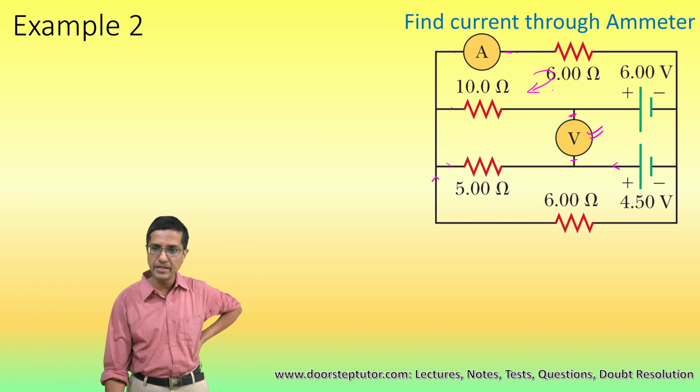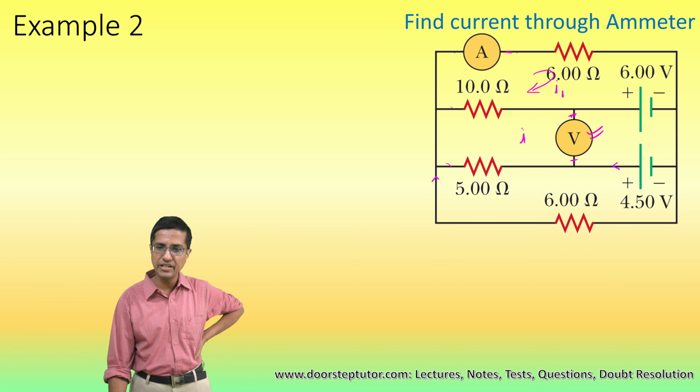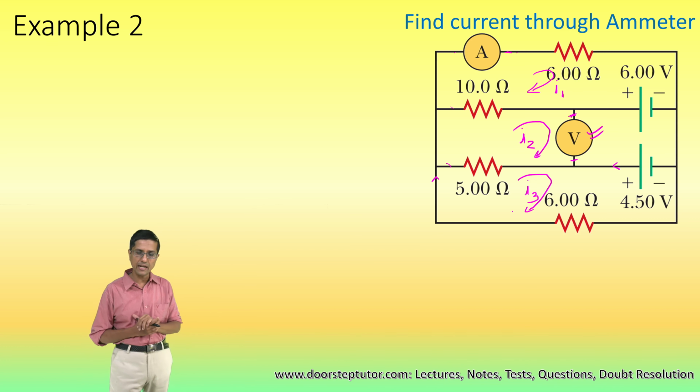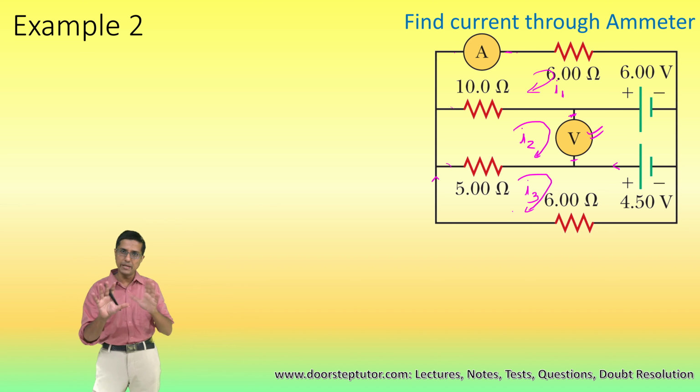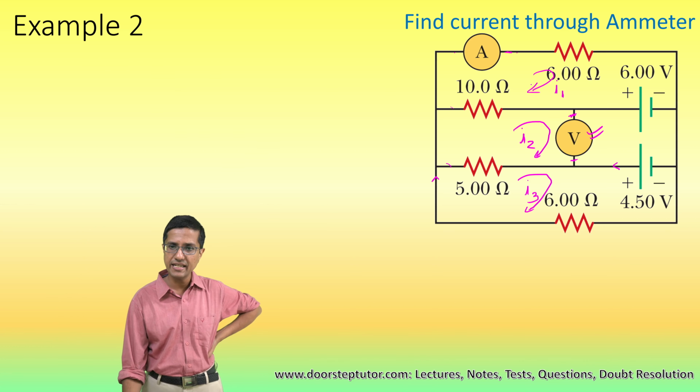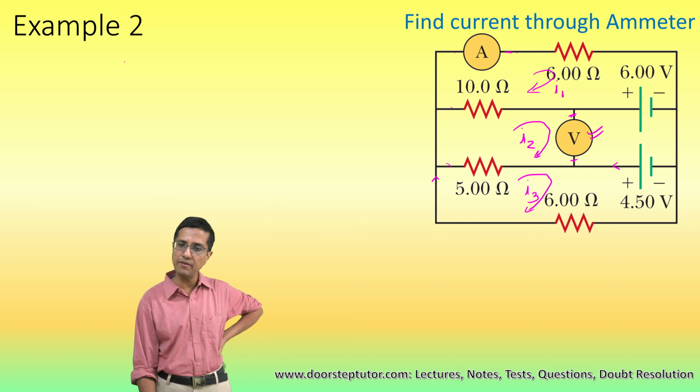In the beginning itself, we can identify that there are 3 meshes here, which are the 3 smallest possible loops, and I assign them currents I1, I2 and I3. That is something I can simply do mechanically. Again mechanically, I can write the three equations in terms of I1, I2 and I3.